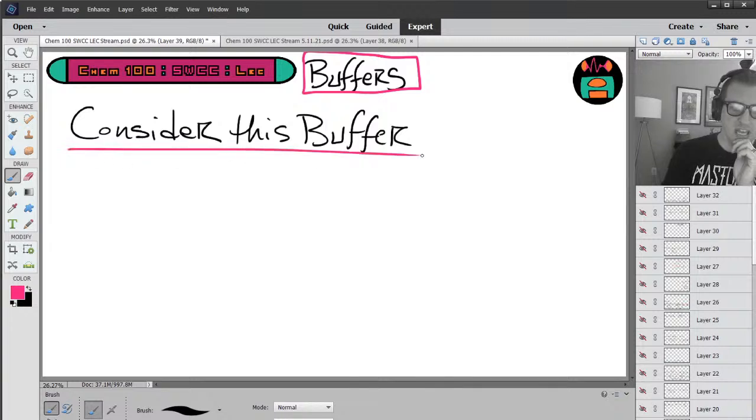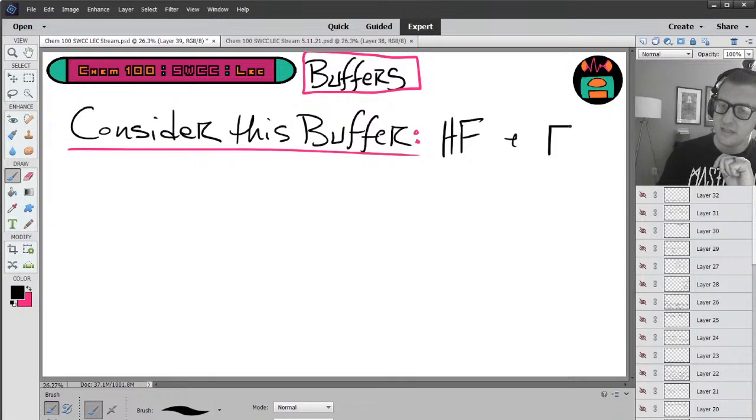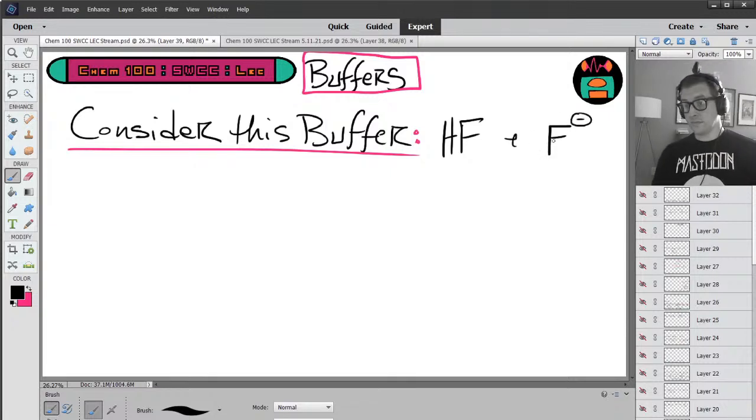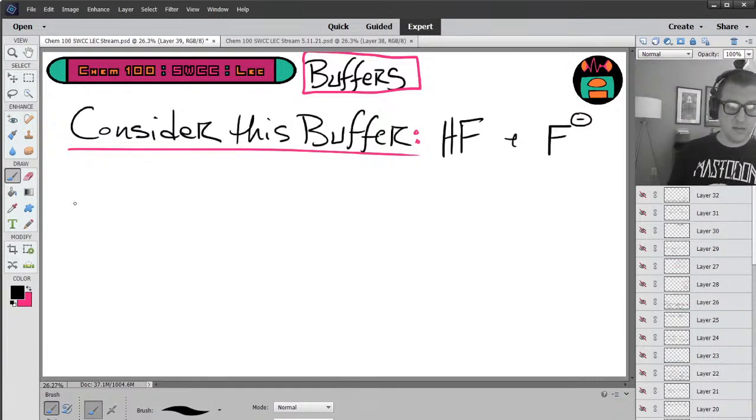Consider a solution that is buffered with hydrofluoric acid, which is a weak acid, and its conjugate base, fluoride. All right? A solution that's buffered with HF and F minus. And this is where I'm going to set things up. And then we'll do this together next class.